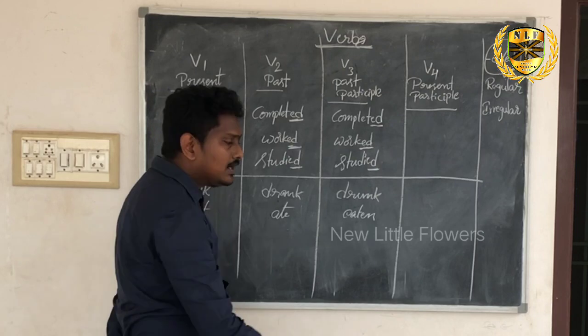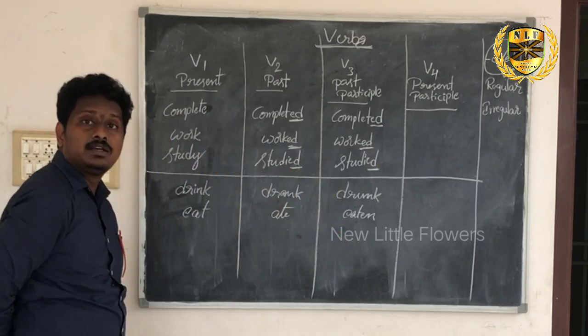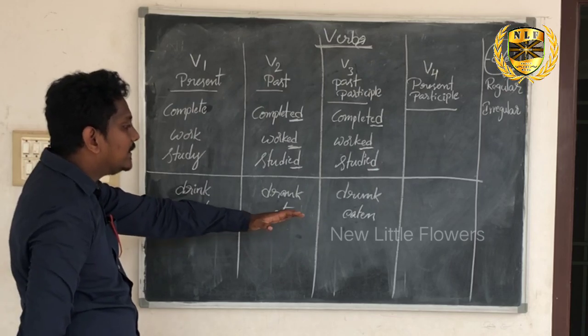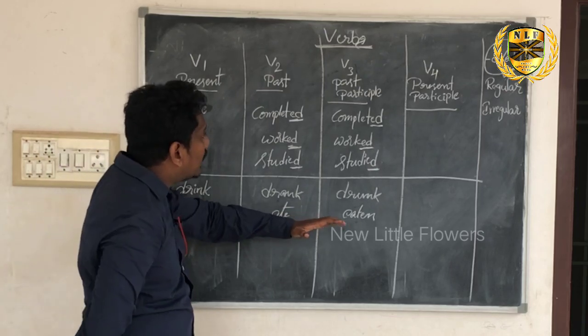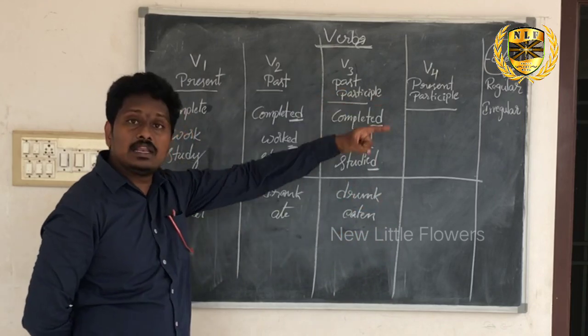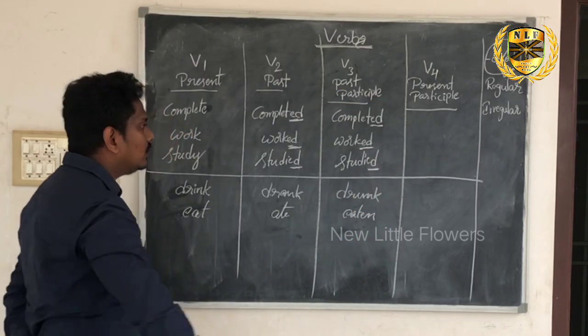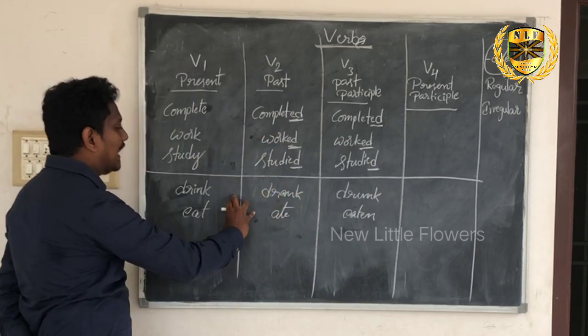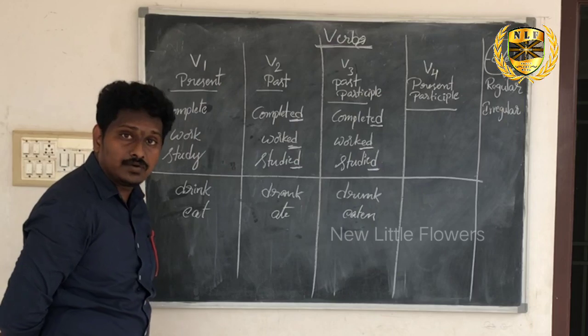Did you observe that? So such type of verbs are called irregular verbs. Means we cannot make them into V2 and V3 by adding d or ed as in regular verbs. Understood? So this particular category is regular verbs and this particular category is irregular verbs.